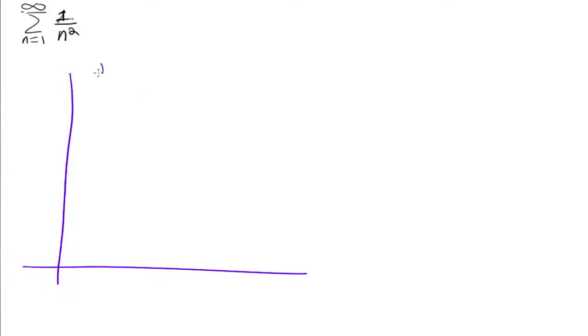Okay, so what function am I going to look at to draw my little picture? One over x squared, yeah. So let me take a look at 1 over x squared. At least on the right side, it looks similar, right? Except that it's a little bit steeper. But the general shape is the same.